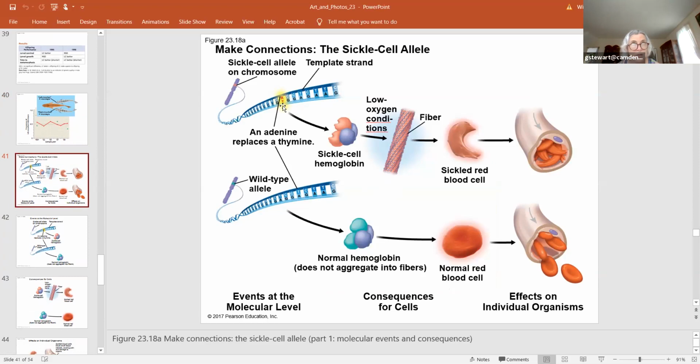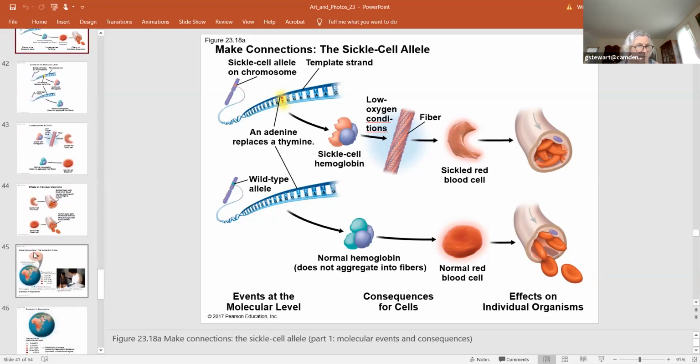So a single point mutation from chapter 17, and the resulting shape change of the protein changes the shape of the red blood cell, which then causes basically some clogs in arteries, compared to the more fluid and flexible donut-shaped red blood cells.